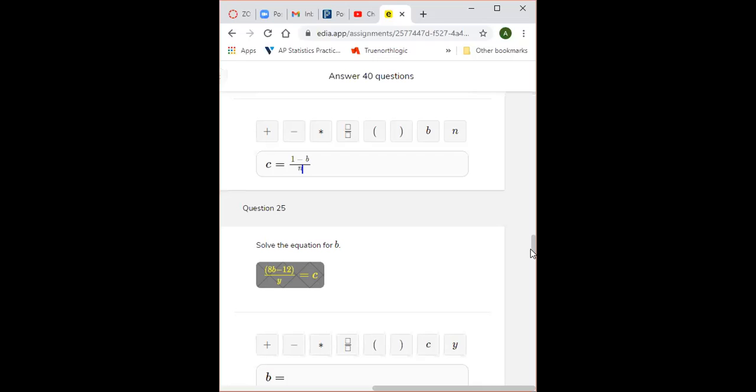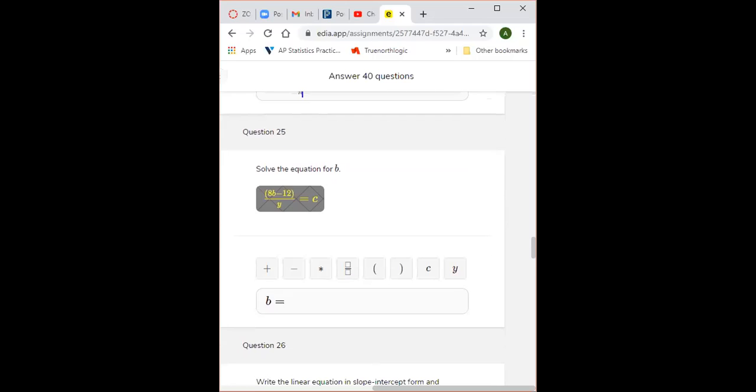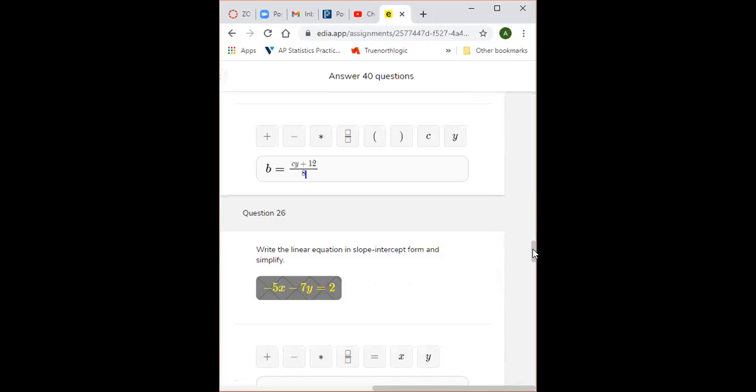And we're going to divide everything by that. So just to show you what it looks like, you're going to put in cy plus 12, and then you can put over 8, and that will give you the correct answer. Okay, is everybody good? All right, so that's a little bit harder just because it has a lot of steps.